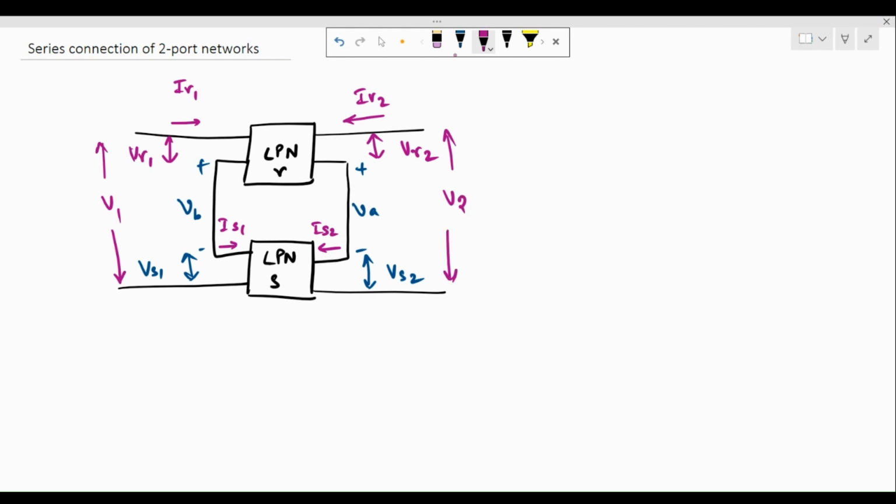So to say that this is still going to be port 1 and this is still going to be port 2, just like how it's port 1 for this network and this network both, just that they're connected in series.